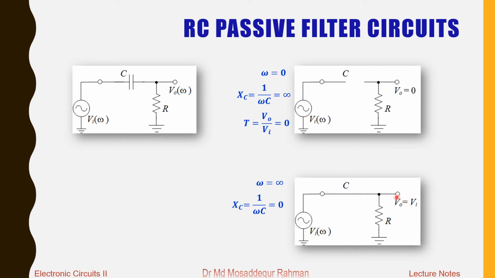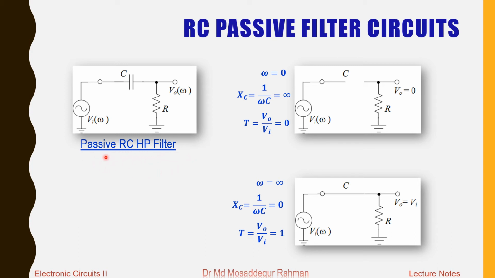So whatever voltage you have at the input, you get the same voltage at the output. That means V0 is Vi, and so the transmission magnitude now is 1. So you get high transmission at high frequency and zero transmission at low frequency. So the circuit will behave like a high pass filter.